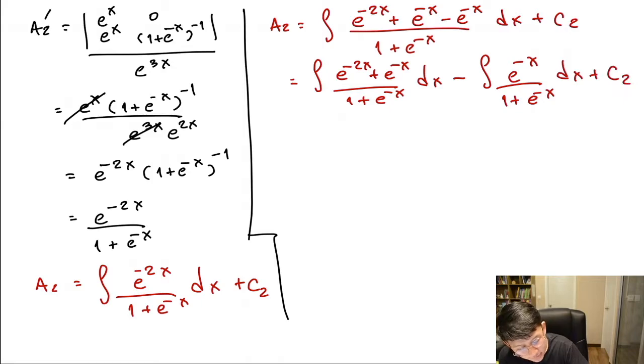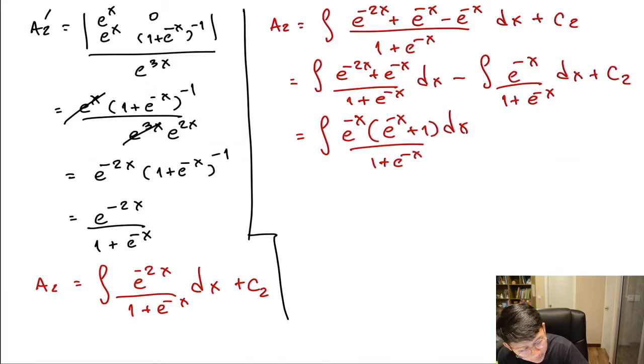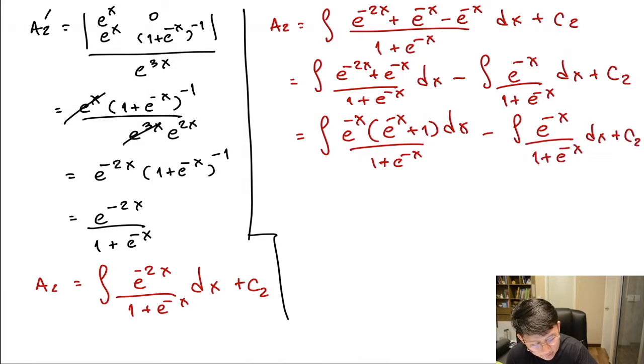That is the integral of e to the minus x times 1 plus e to the minus x... dx divided by 1 plus e to the minus x, minus the integral of e to the minus x divided by 1 plus e to the minus x dx plus c2, and this cancels out.